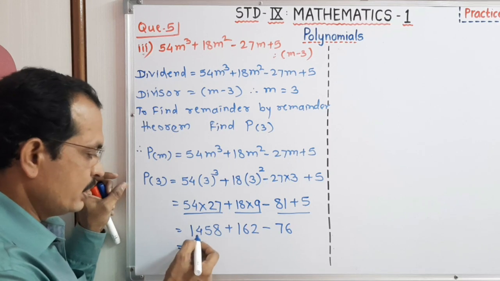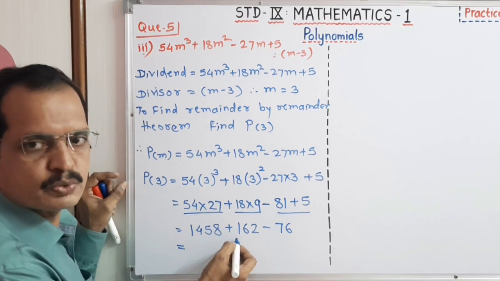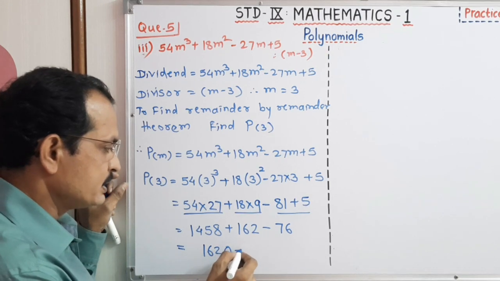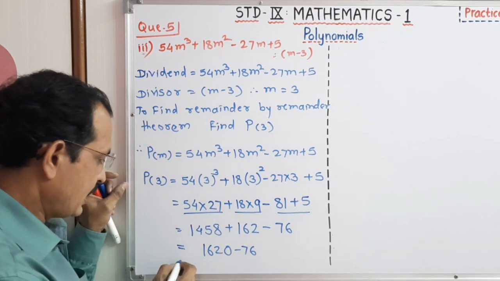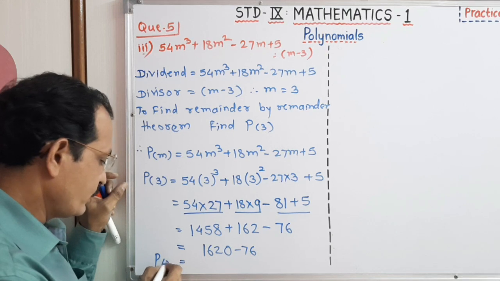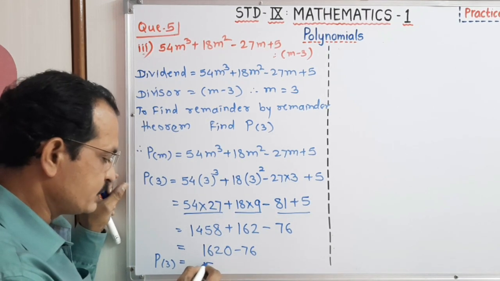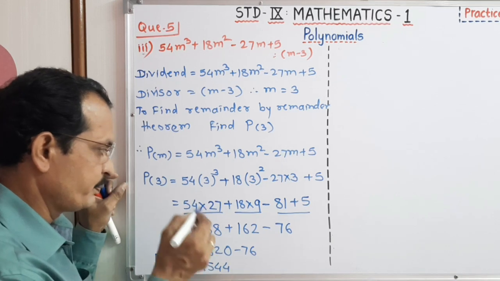Now see here, this 1458 plus 162, it is 1620, minus 76, and P3 we got here 1620 minus 76, it is 1544.